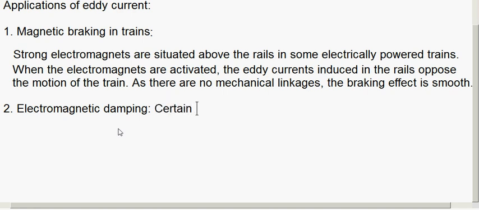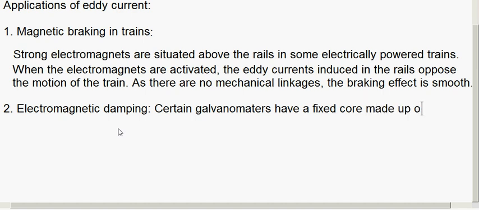You can refer to the previous video for more explanation about electromagnetic damping. Certain galvanometers have a fixed core made up of non-magnetic metallic material. Now what happens?